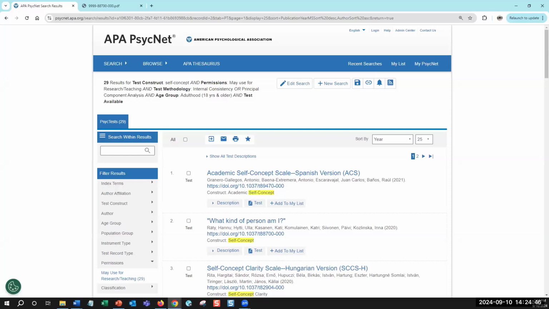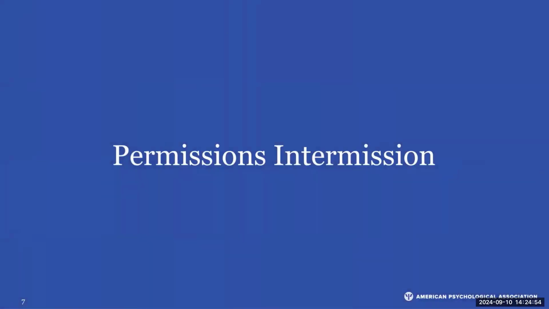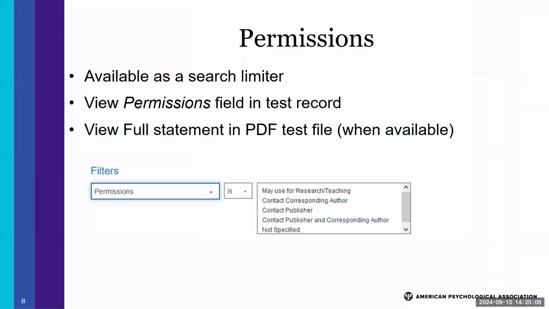And we're going to go ahead and jump back to the slides for a moment. Myself and Patty, who's here with me, are keeping an eye out for any questions you may have. We both get a lot of questions about permissions in PsycTests since we're both training and support specialists.